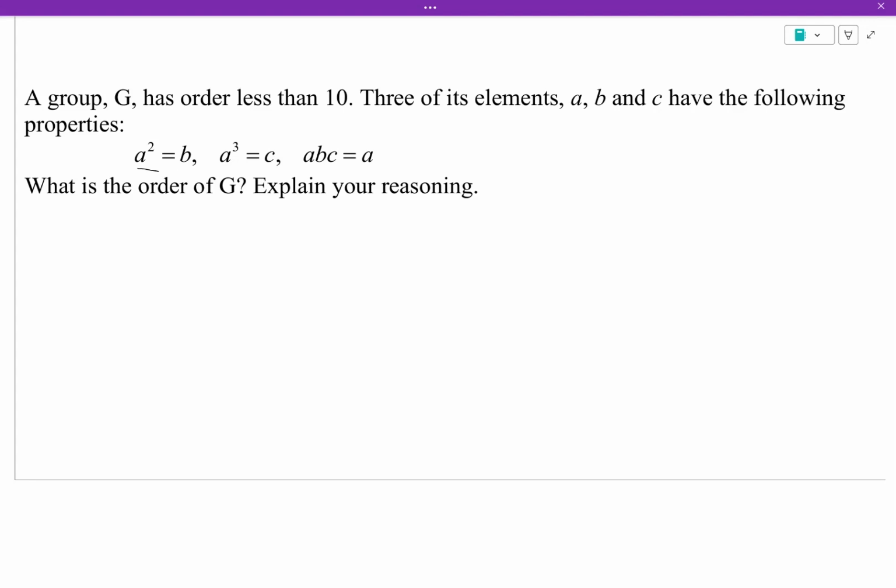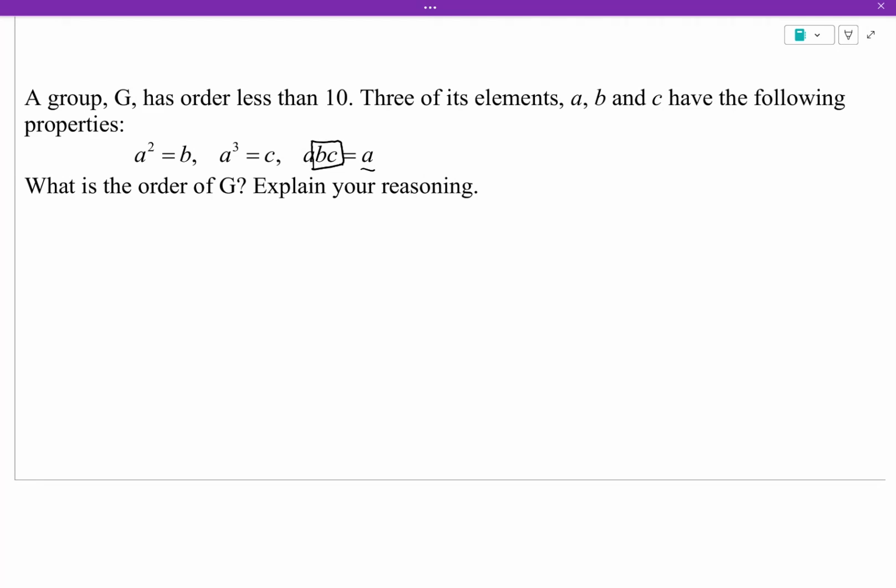A combined with A equals B. Now that's maybe not the most useful bit of information yet. And same with the A cubed equals C. There's nothing I can really infer from that. However, the last bit here is quite helpful because of the fact that we have an A on this side and an A on that side. Because what this is saying is when you take A and combine it with BC, the result should be A. In other words, A has not changed.